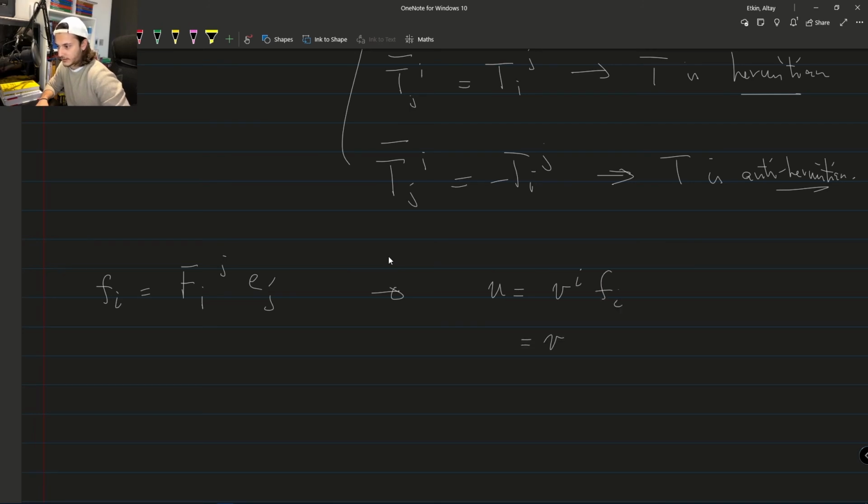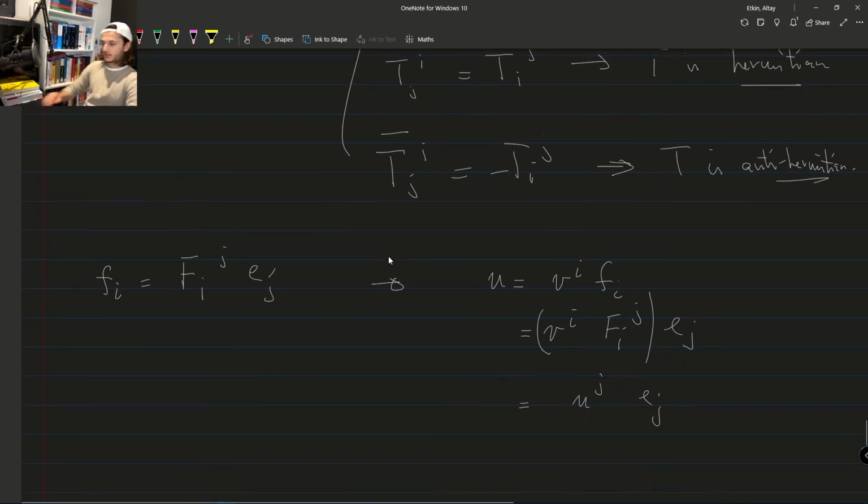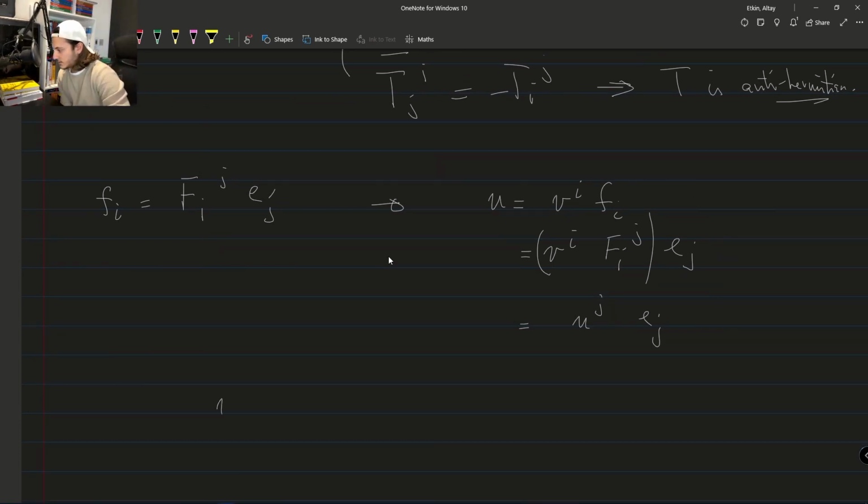So I can rewrite everything as Fij Ej, and here you have this object, which you can call Uj, Ej. So you have a summation over i, and then you bring the j. And so what happens here is that you have now Uj equals Fij Vi.